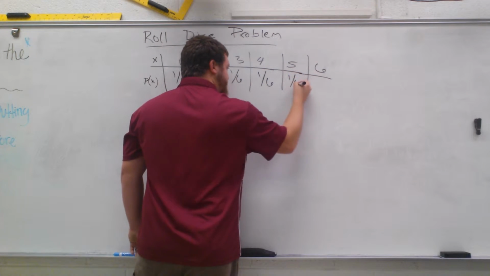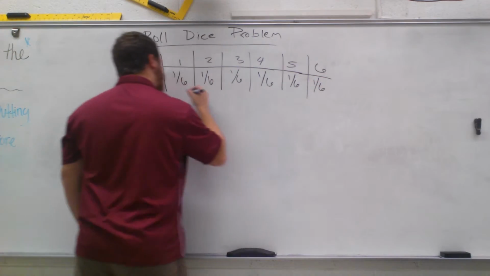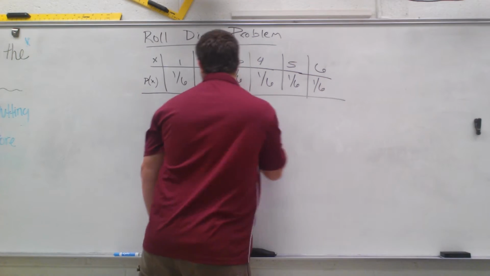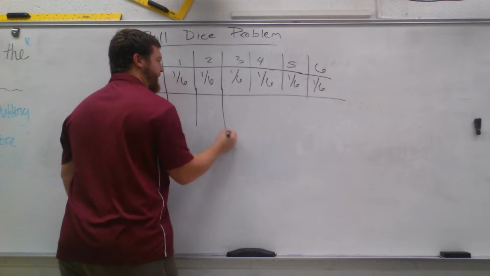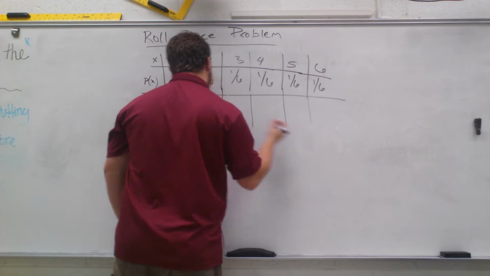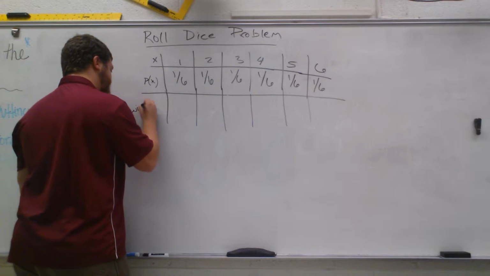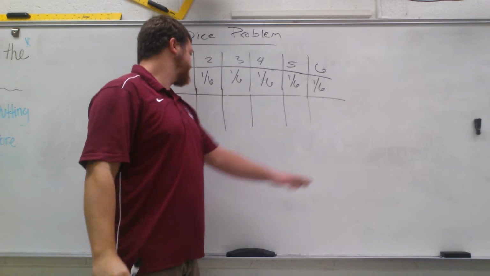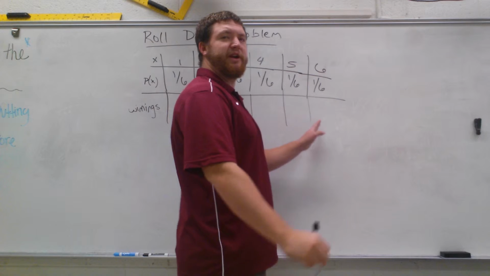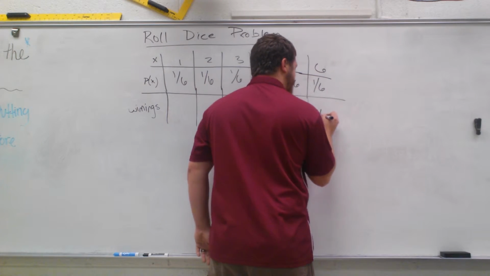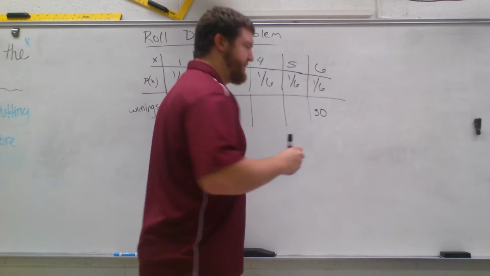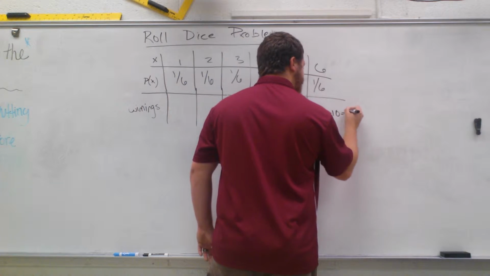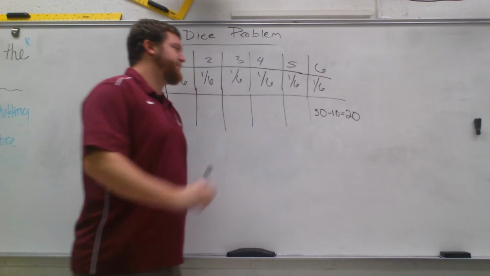Now, underneath all these, I'm going to make a third row here. And we're going to make this like our winnings column, okay? What happens if I roll a 6? If I roll a 6, I win $30, right? But how much did I pay to play? 10. So I really made 20 bucks.